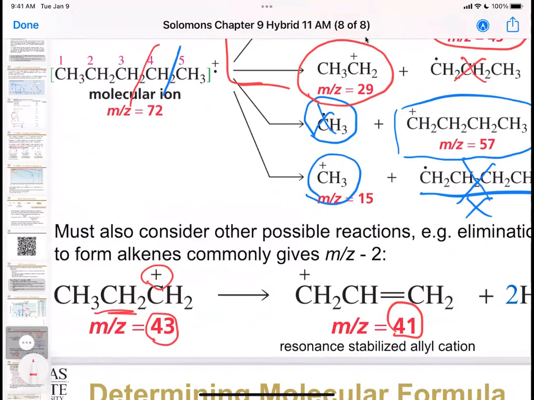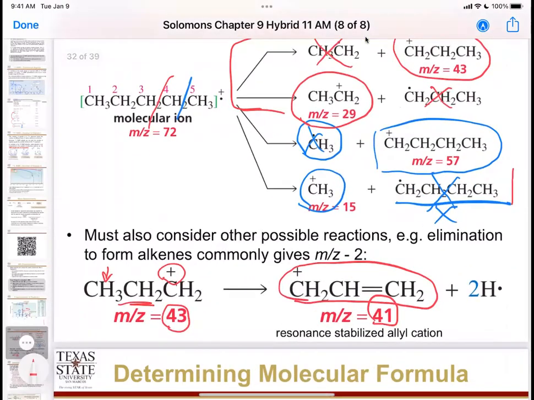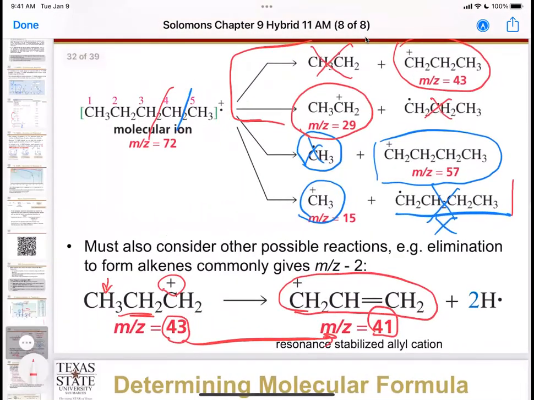We only form those in gas phase, and it wants to be a more stable carbocation. So it loses a hydrogen from this side and becomes an allylic carbocation. Remember, allylic carbocations are more stable than tertiary carbocations. So it made itself more stable just by losing a hydrogen, or two in this case. So that's why it's 2 mass units below that. Okay, questions?